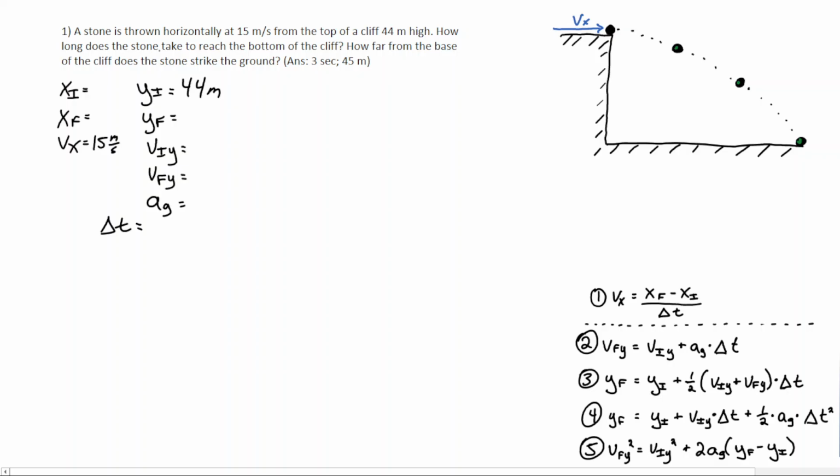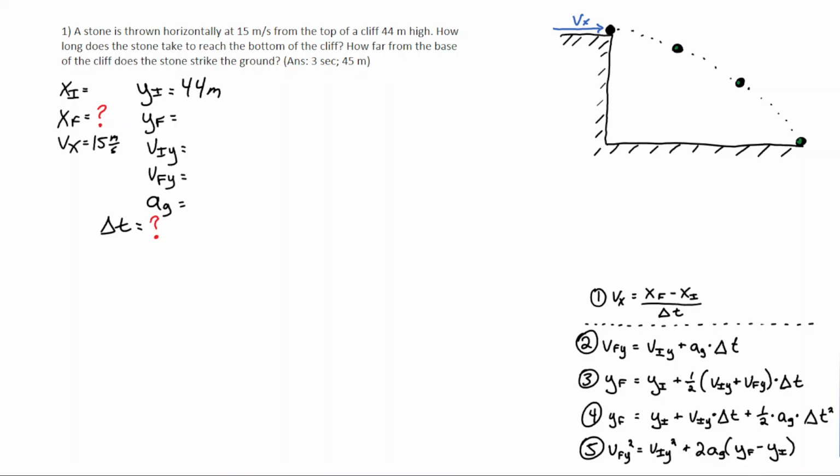How long does this stone take to reach the bottom of the cliff? Oh, so we're looking for our delta t. And how far from the base of the cliff does the stone strike the ground? Well, that sounds like it would be our xf.